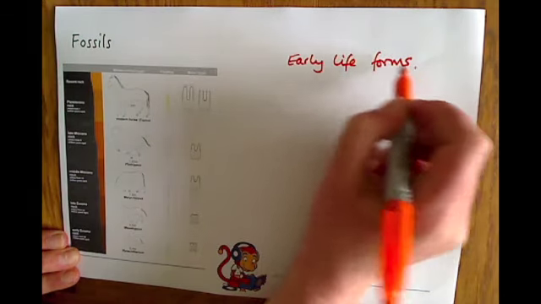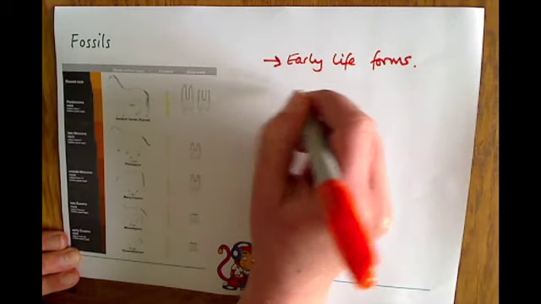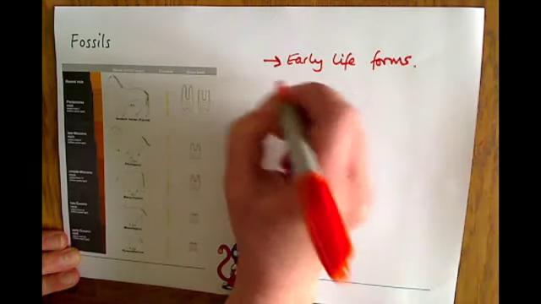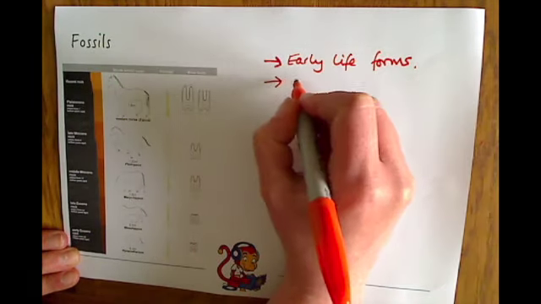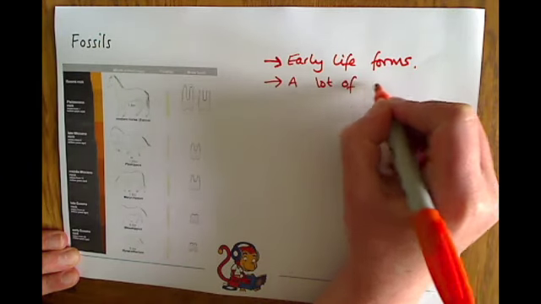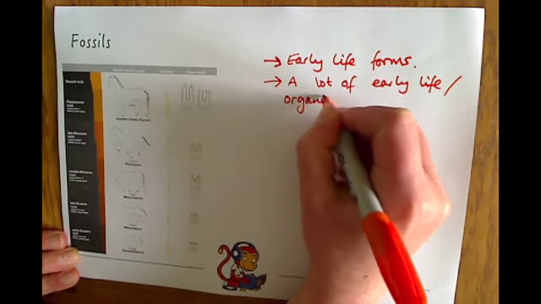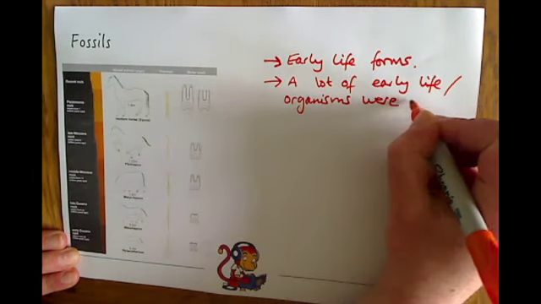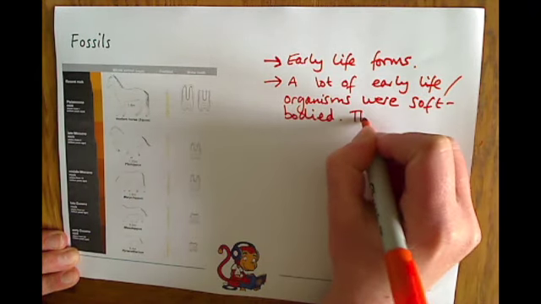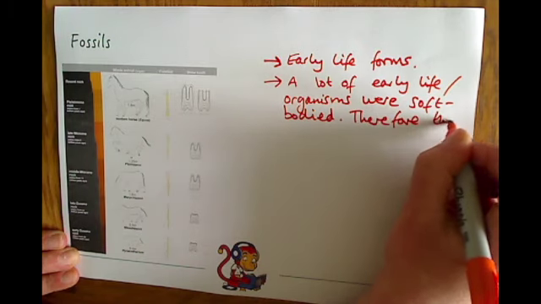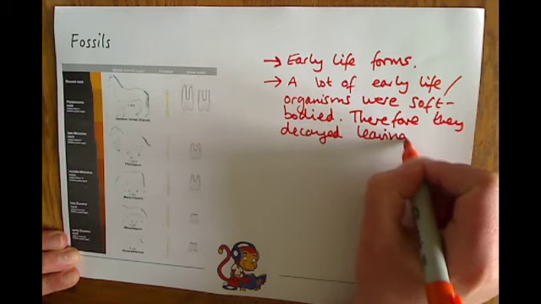Okay, so fossils provide us information about early life, but the trouble is a lot of early life was soft-bodied and therefore there are no fossils. Okay, so this is a big problem. So even though it gives us information on early life, a lot of organisms in that early period were soft-bodied, so there's no hard parts to the body, and therefore they decayed, leaving no fossils.